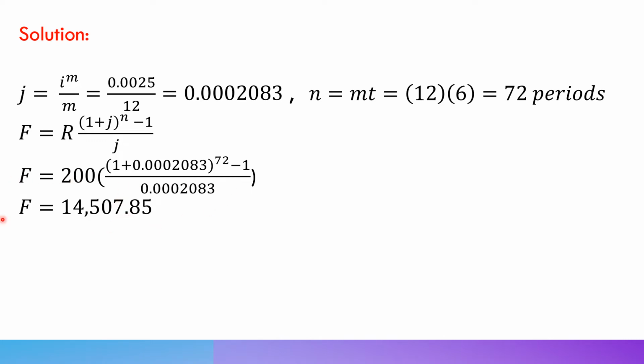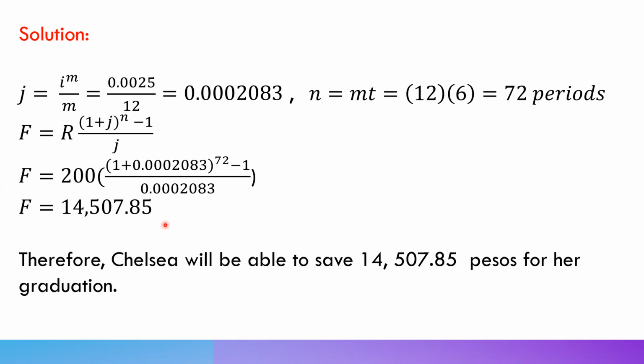So, ito na yung ating future value na tinatanong doon sa problem. Therefore, Chelsea will be able to save 14,507.85 pesos for her graduation. So, that is the solution for example number 1.